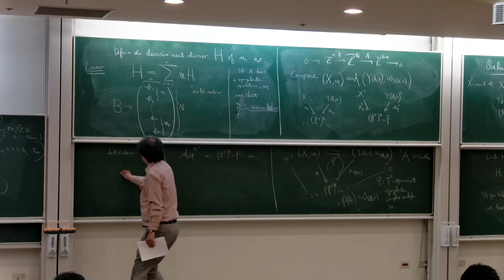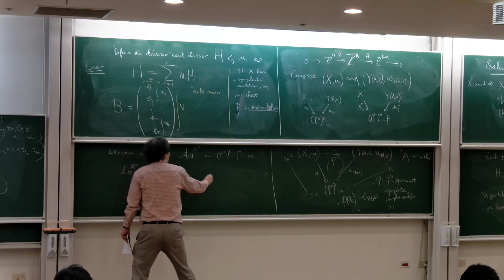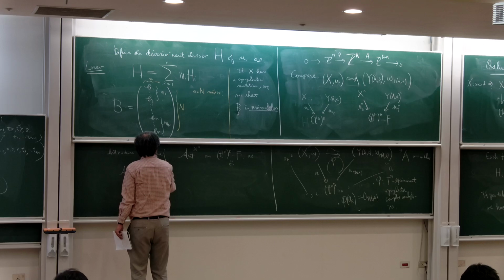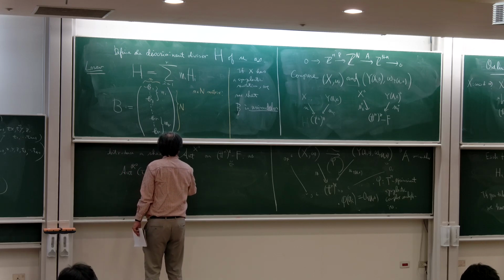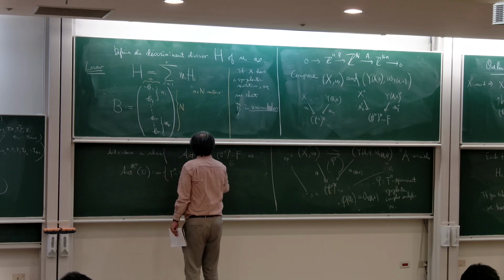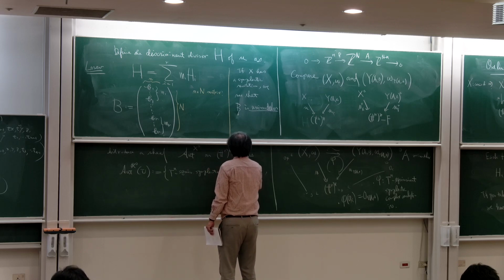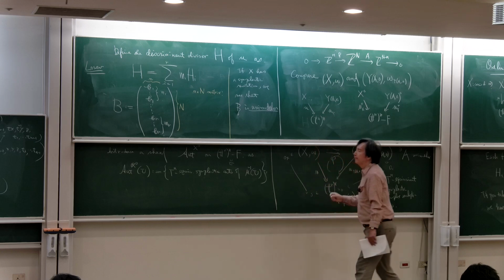So you take an open set U from here, then this is nothing but the T^n-equivariant symplectic automorphisms of mu inverse U. Yes.